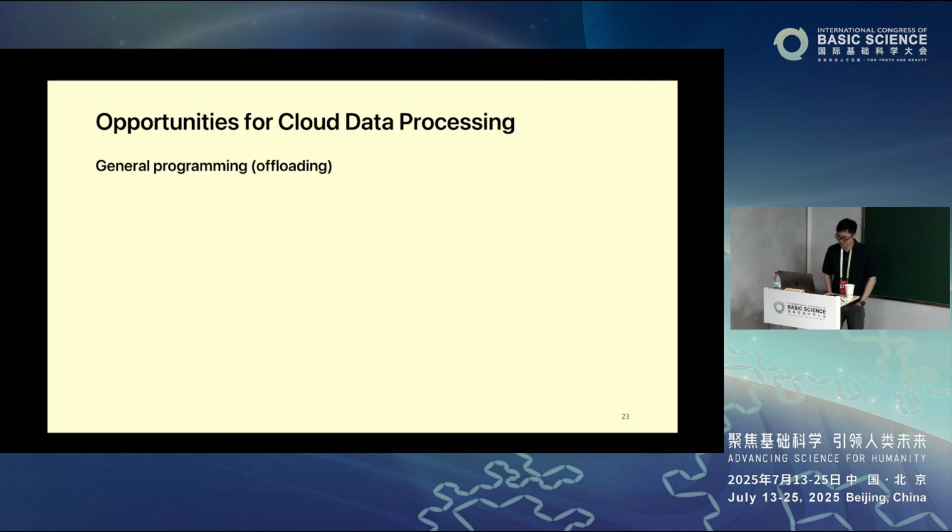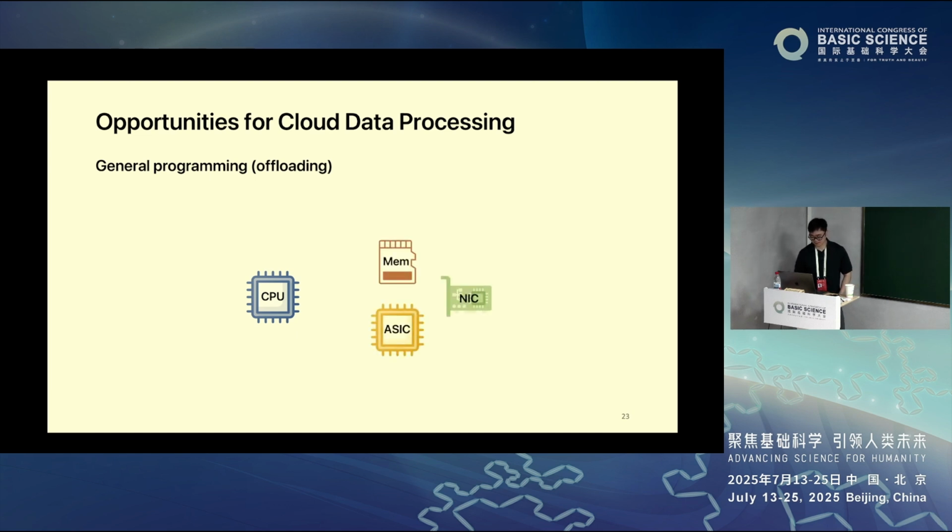The third opportunity is that, compared to other smart NICs, there are different types of smart NICs: ASIC-based smart NICs, FPGA-based smart NICs, and now DPUs. Compared to previous generations of smart NICs, a DPU provides general programmability because of the onboard CPU cores.